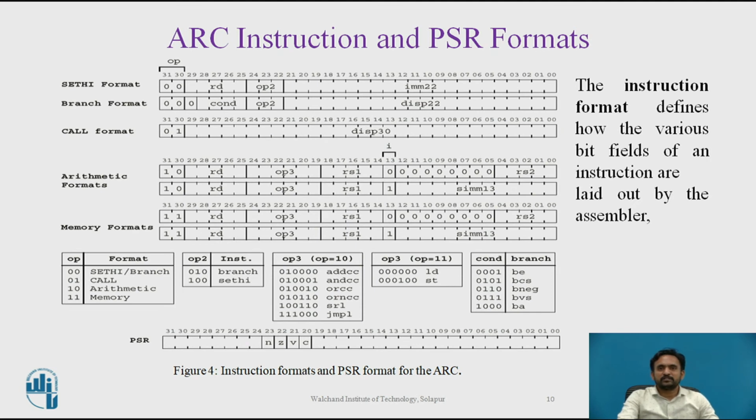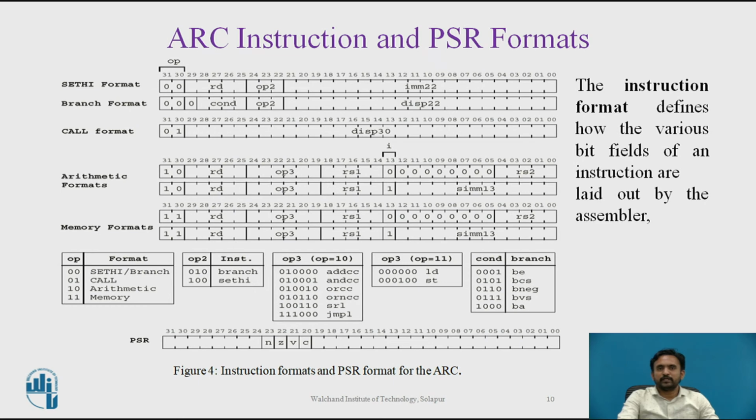So, the ARC instruction and PSR format. The instruction format defines how the various bit fields of an instruction are laid out by the assembler. The ARC architecture has just a few instruction formats. The 5 formats are set high, branch, call, arithmetic and memory. In this figure, each instruction has a mnemonic form such as LD and an opcode. A particular instruction format may have more than one opcode field, which collectively identify an instruction in one of the various forms.